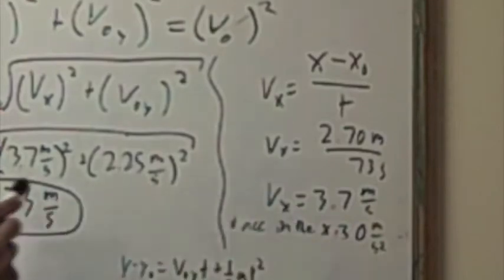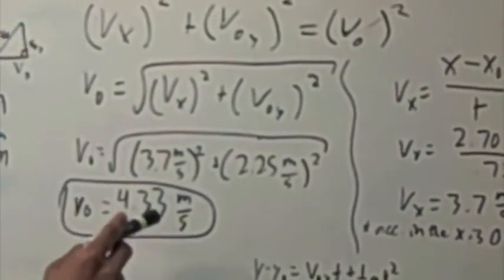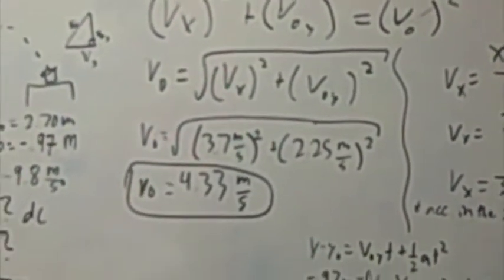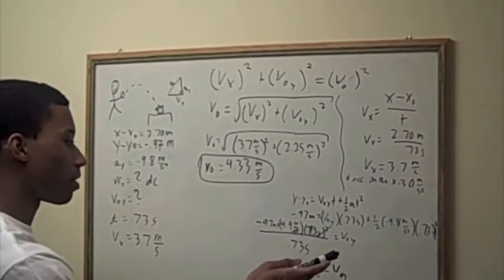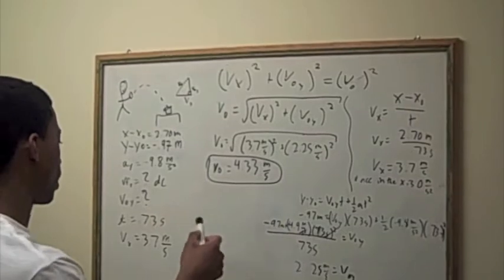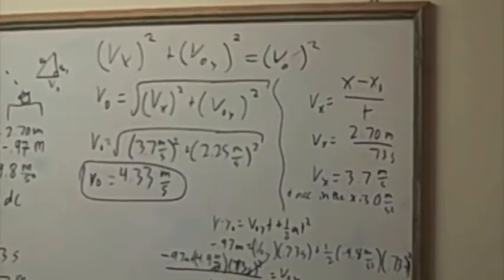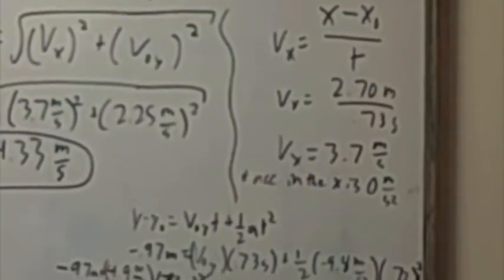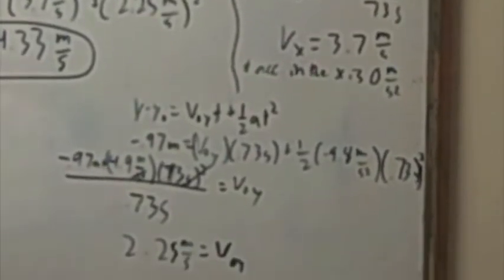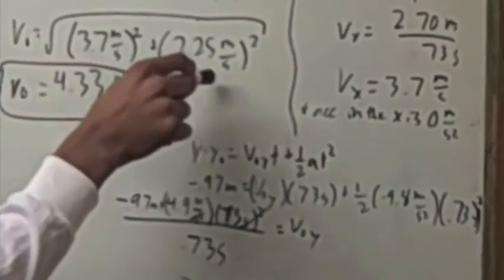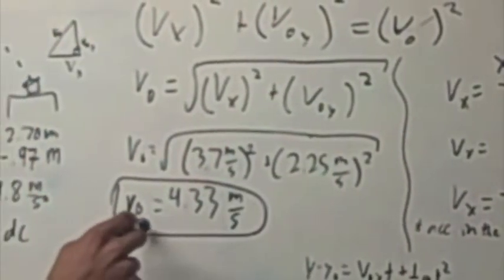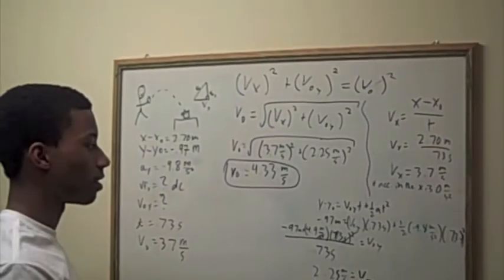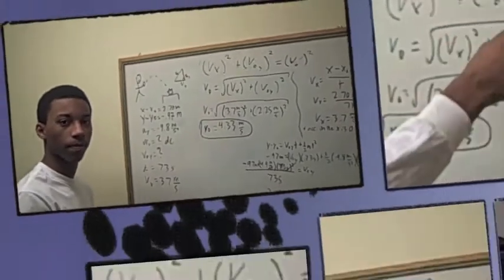So the velocity initial in the x and the final in the x is 3.7 meters per second. To find the velocity initial in the y, we use the motion equation that neglected velocity final in the y and came out to be 2.25 meters per second. And we plug both of these into the derived equation, and the velocity initial is 4.33 meters per second.